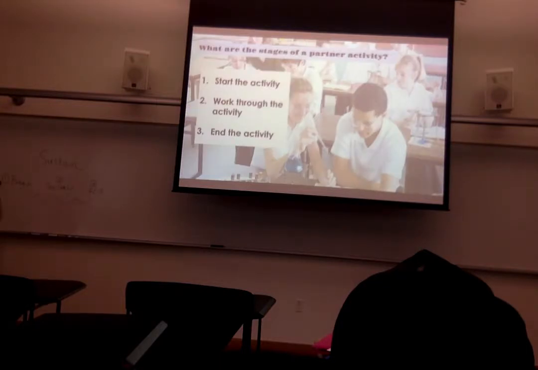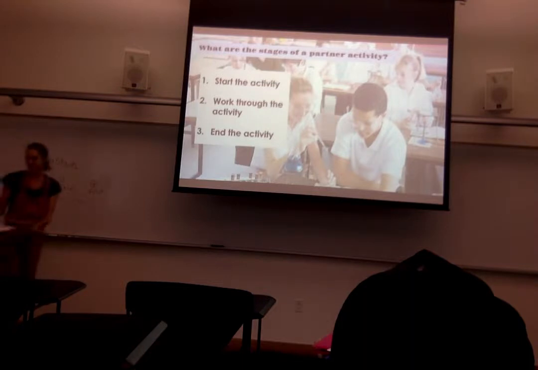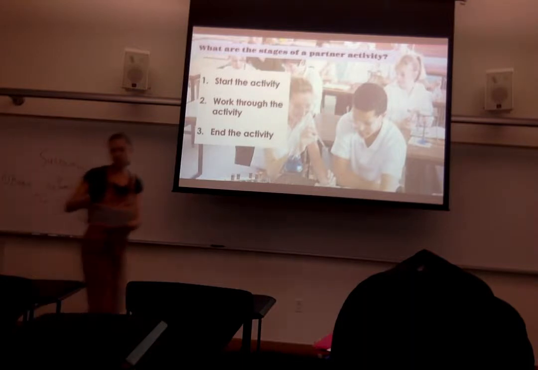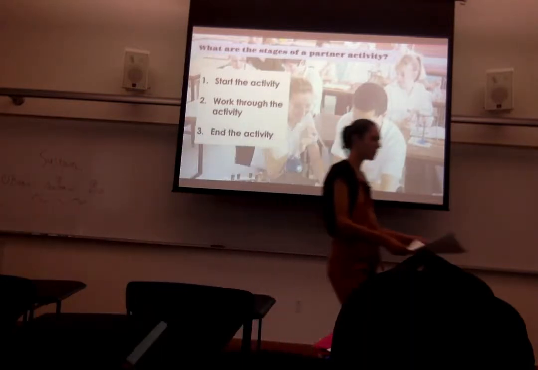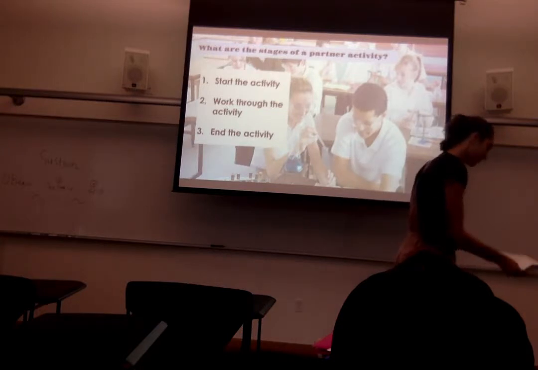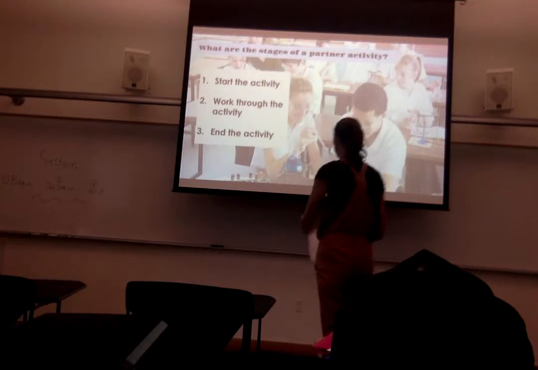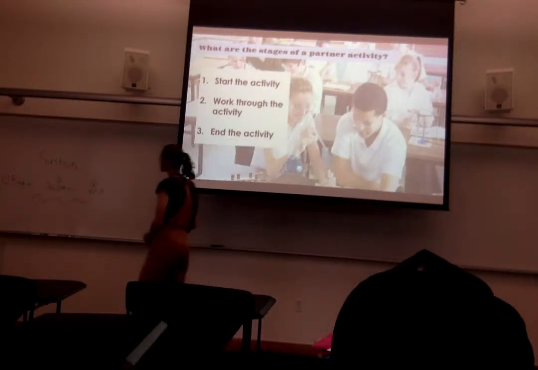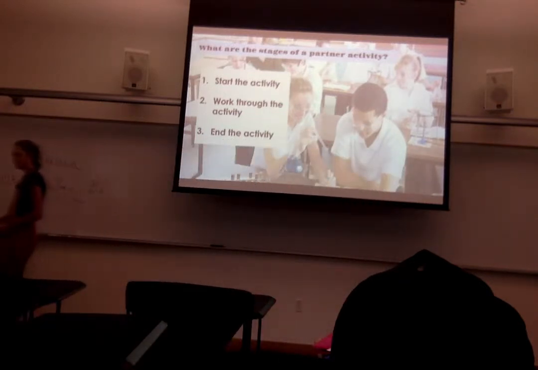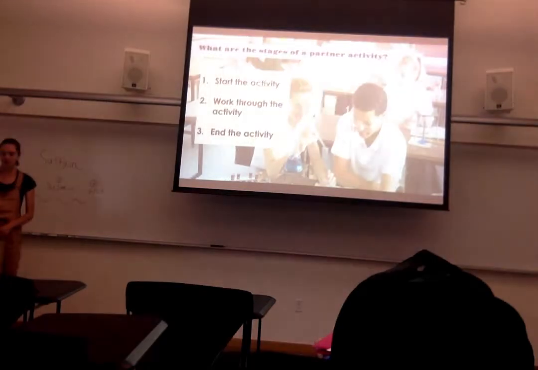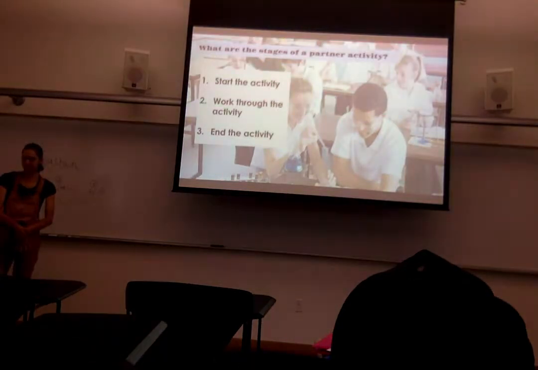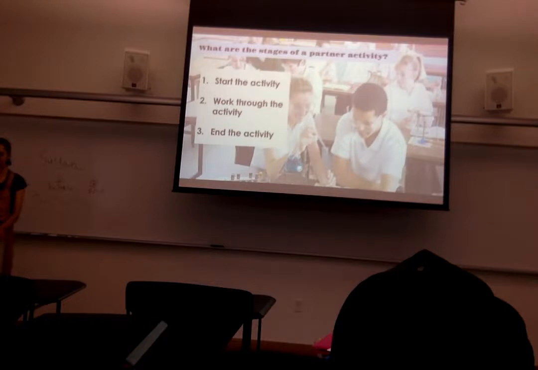So, we have a handout for class today. So please look at section 1. It's the same as on the board. So the 3 stages of the partner activity are first, starting the activity. Megan, can you read number 2 of section 1? Work through the activity. So nice.